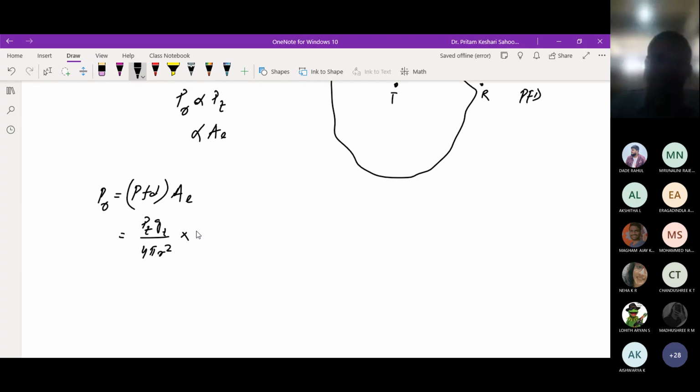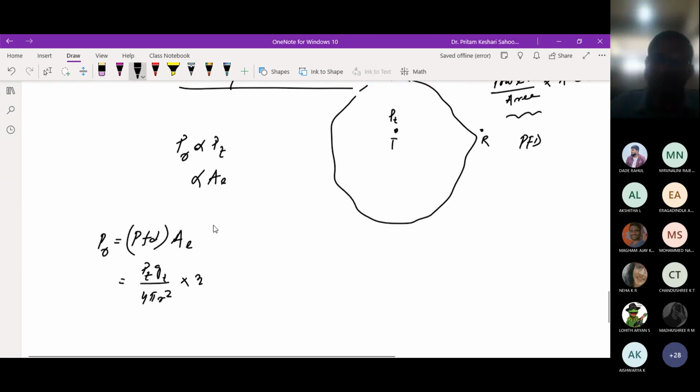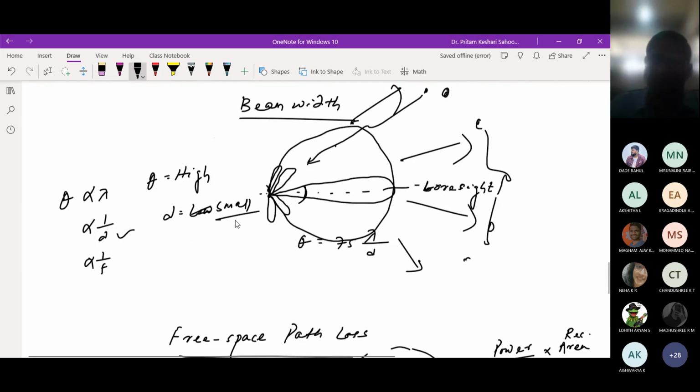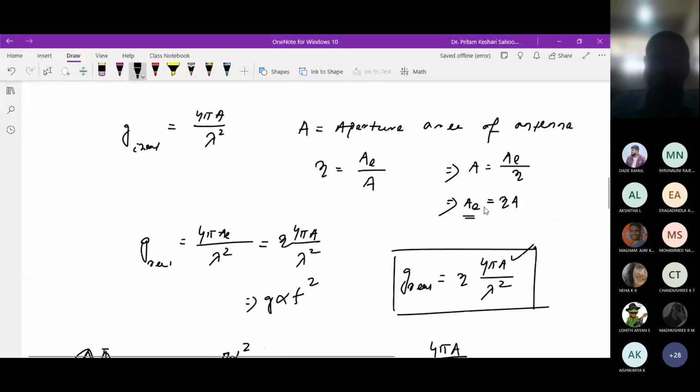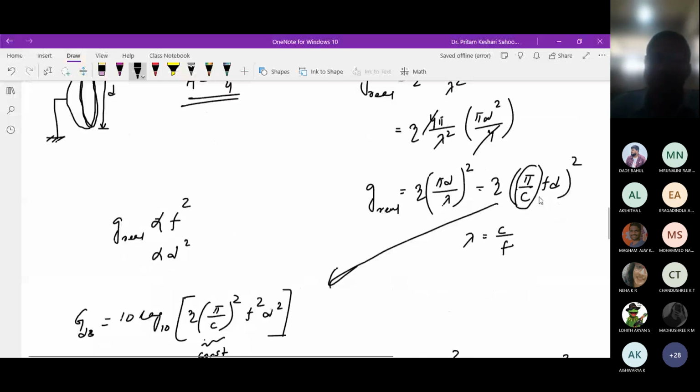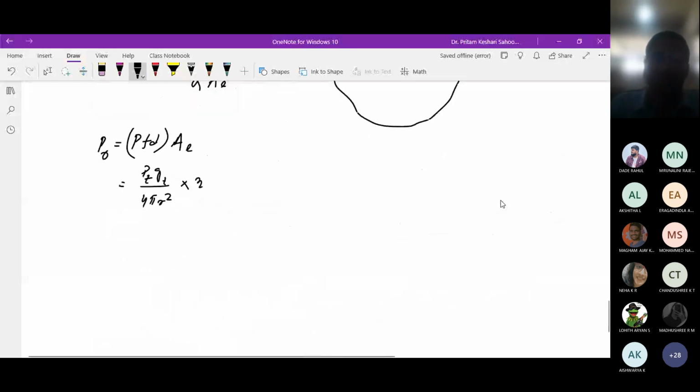It is equal to eta into A. A is the physical aperture, it is not the effective aperture.